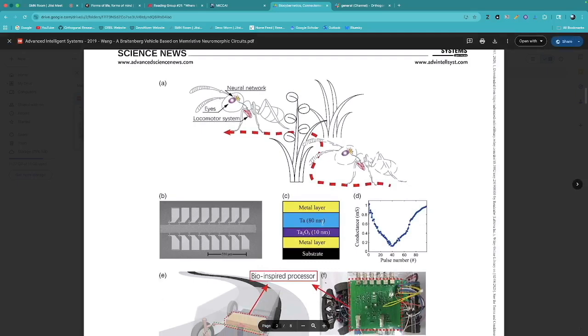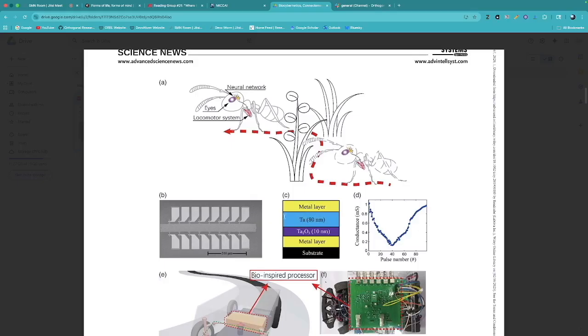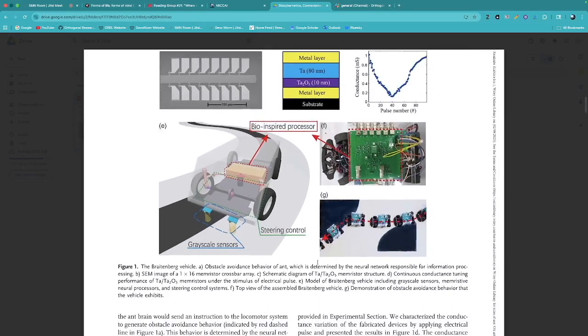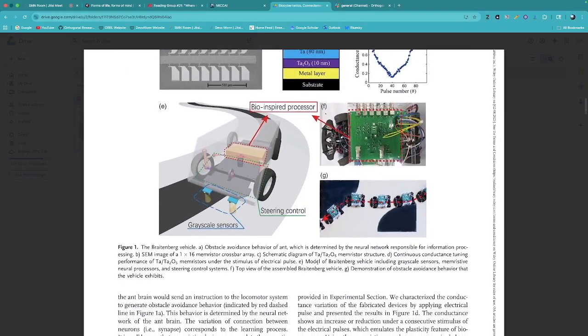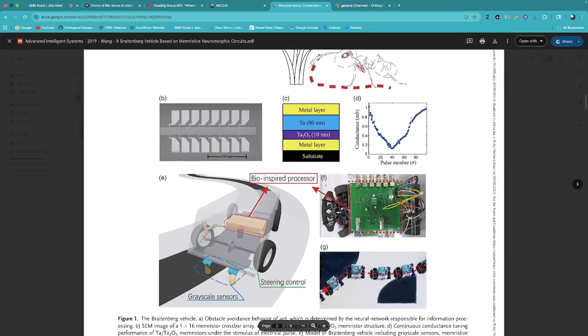So this is the deposition of the layers: the metal layer, 80 nanometers of Ta2O5, 10 nanometers, another metal layer, and then the substrate. And then we have D. Actually, the schematic array was here, and then this is the performance in terms of conductance in D. So given the pulse number, what is the conductance?